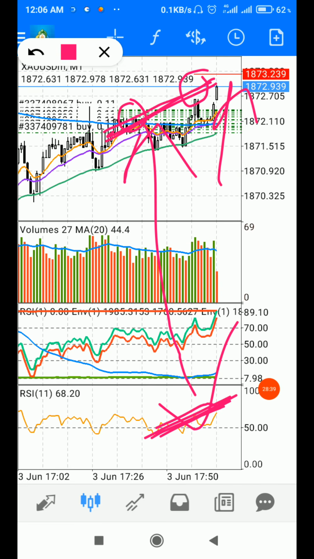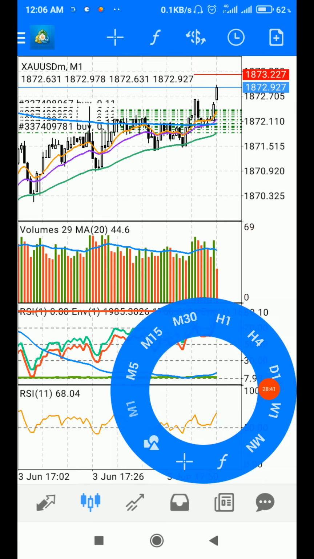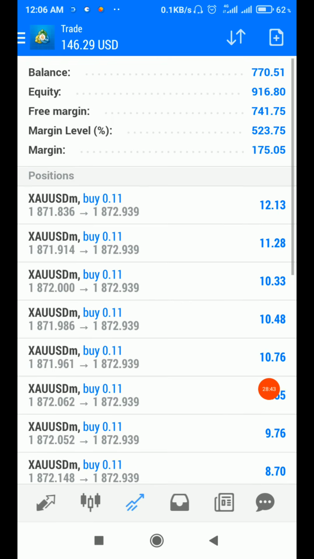So right at this moment you see price is going much further here.